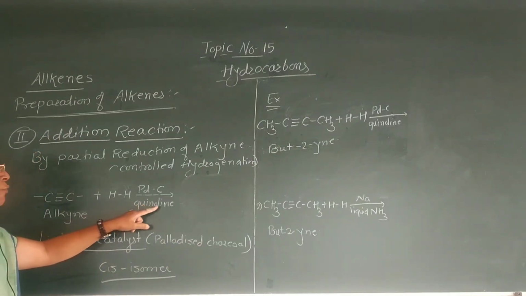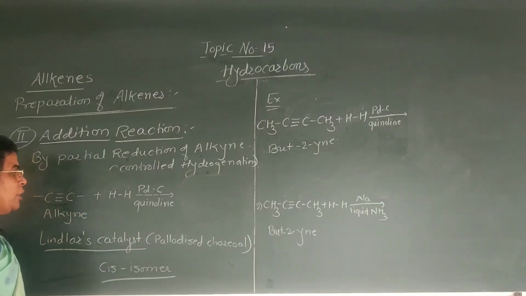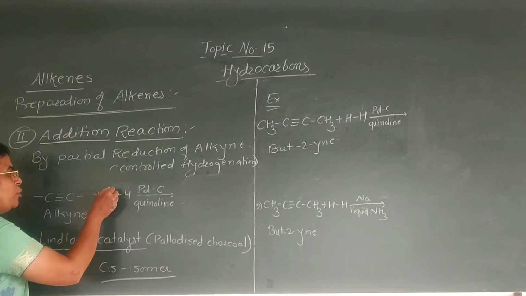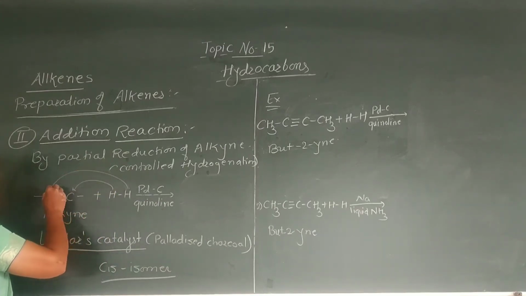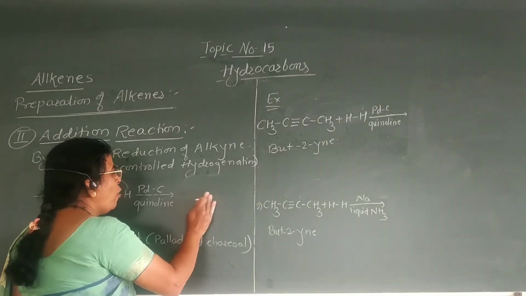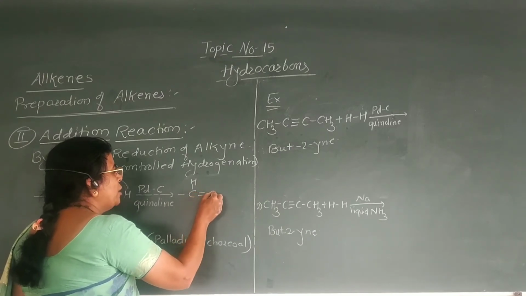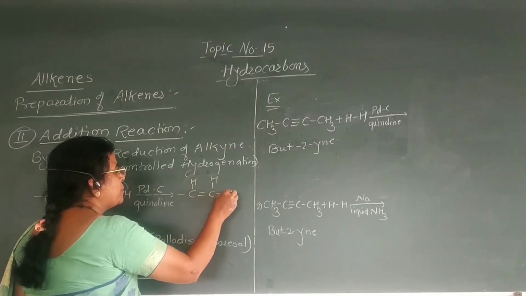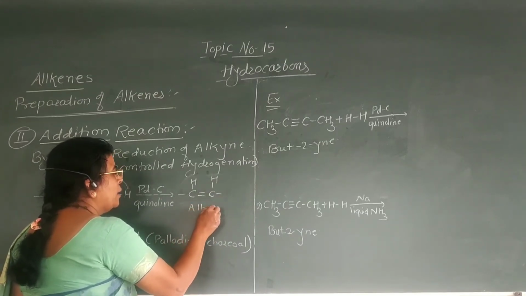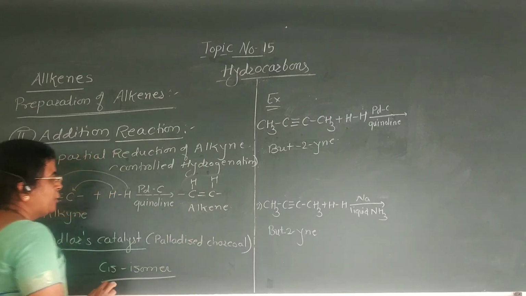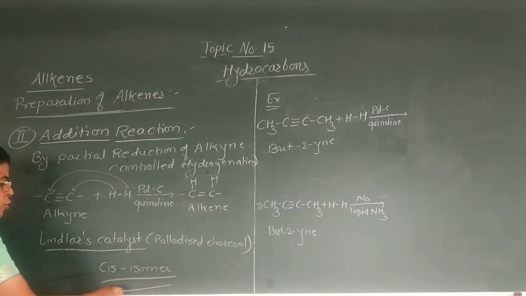In the presence of quinoline, this alkyne undergoes controlled hydrogenation in such a way that two hydrogen atoms get added across the triple bond of this alkyne to form CH double bond CH. This is the alkene. In this way formation of alkene takes place. By using this palladized charcoal, we will get the cis isomer.